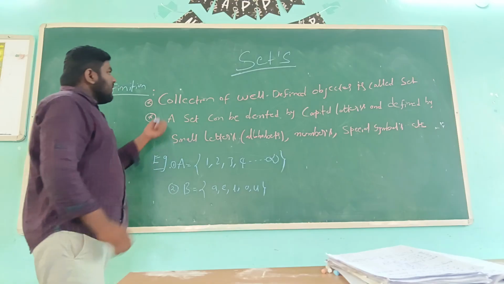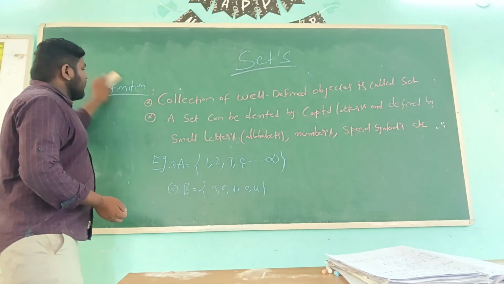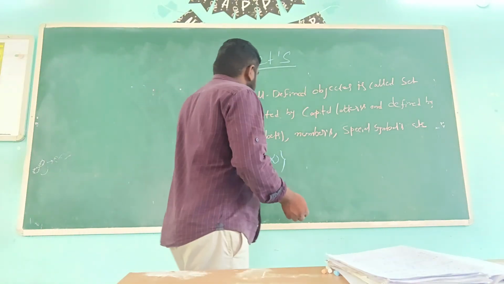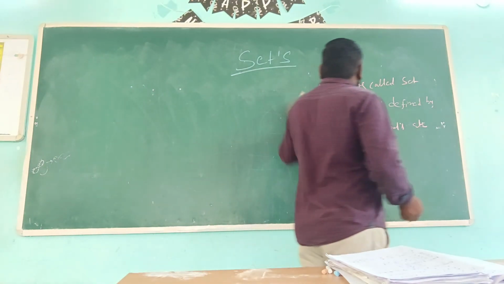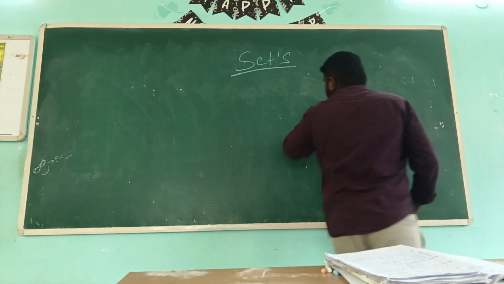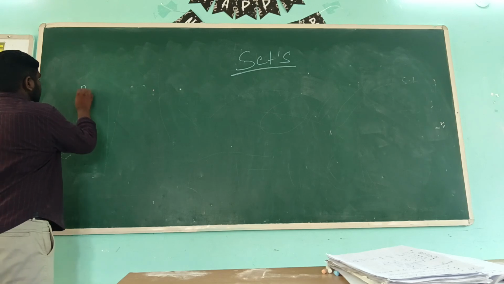Understood? Then a set can be represented by two types. Next, representation of the set. A set can be represented by two types.